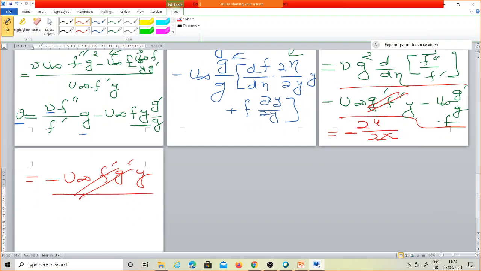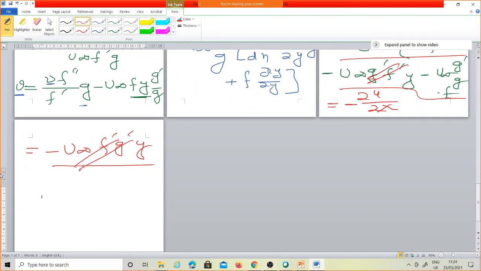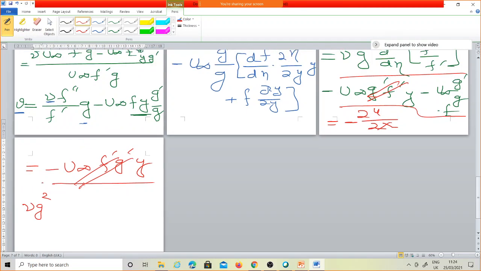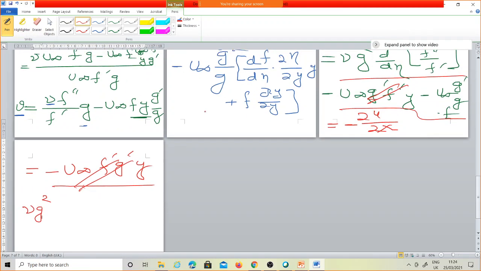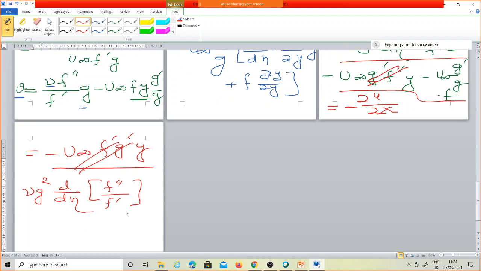If these two parts are cancelled out, what will we have? We will have mu g square d by d eta f double prime by f prime, is equal to, now you can see it's simplified, u infinity f g prime by g.